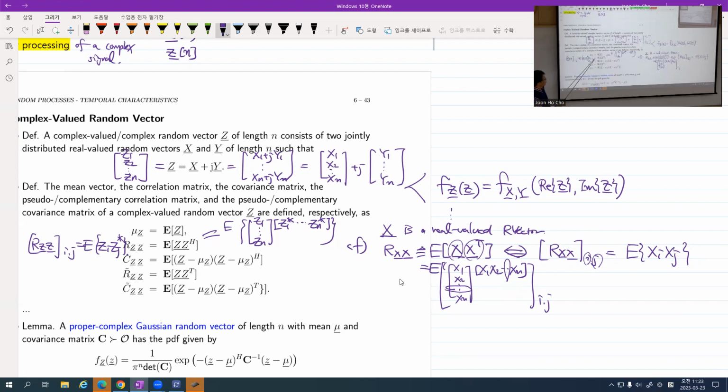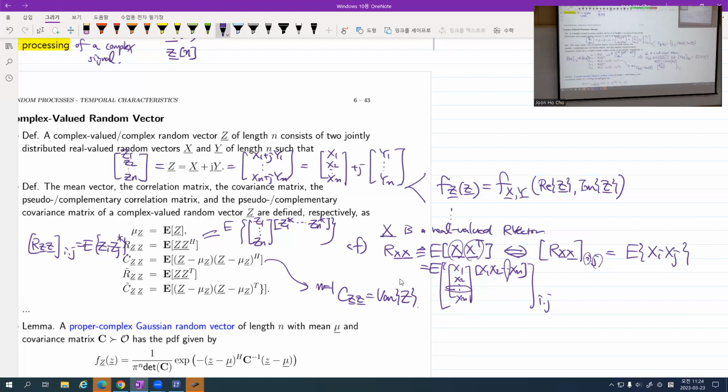So the covariance matrix is the correlation matrix of Z minus mean of Z. Got it? And this looks very similar to our variance definition, because when n equals 1, this covariance of Z equals just the variance of Z, right? Modulus squared, because we have just Z and Z conjugate, which is Z modulus squared.